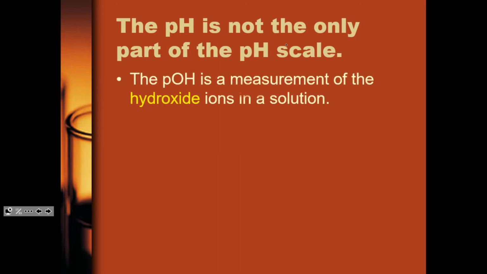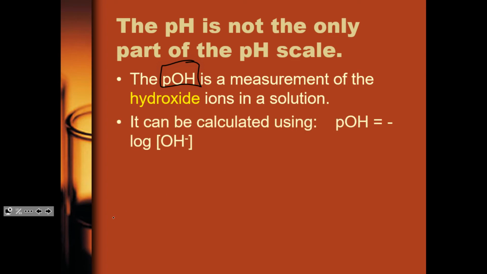The pH is not actually the only part of the pH scale. We also have something called pOH, which is a measurement of hydroxide ion concentration in a solution. It can be calculated using the following. pOH is equivalent to the negative log of OH minus.